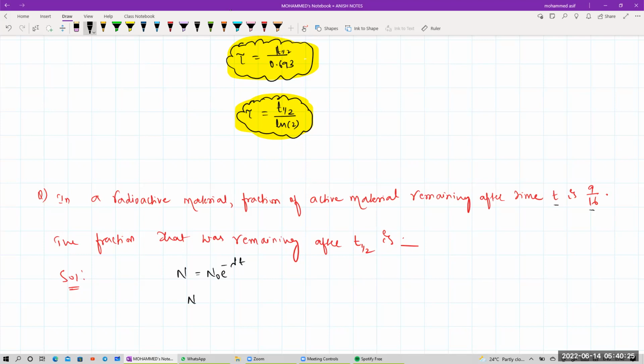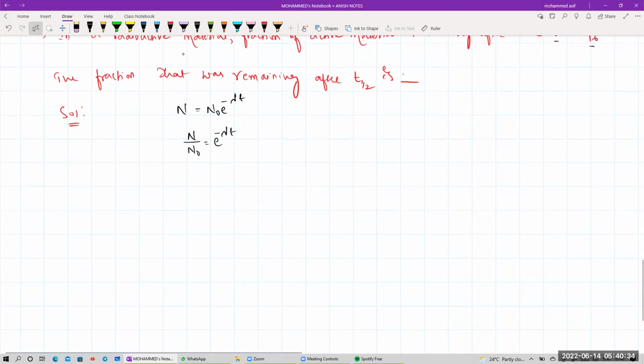I can write the fraction, that means N by N naught is equal to exponential to the power of minus lambda into t. N by N naught value is given as 9 by 16. So यहाँ पर 9 by 16 डाल लो, that is equal to exponential to the power of minus lambda into t. This is my equation number 1.